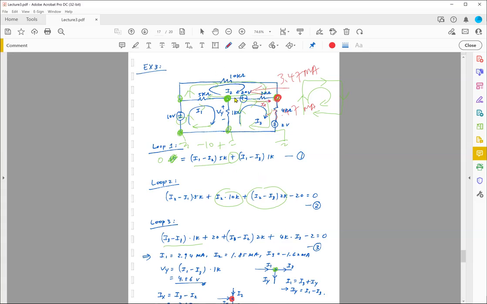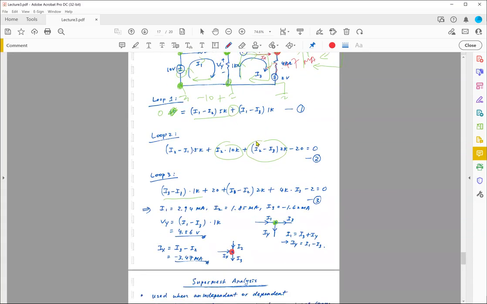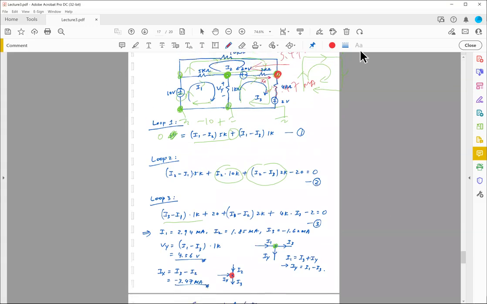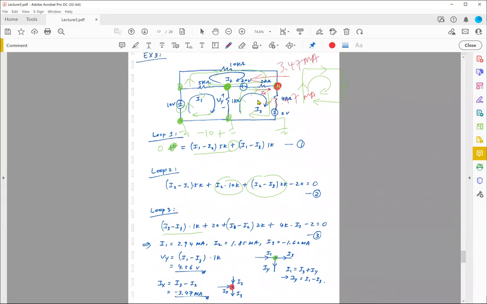So I have a negative of what this Ix is flowing. So it turns out to be minus 3.47 for Ix, and which is fine. This just means I'm off by a negative sign. I assumed the direction is flowing in the opposite direction as my positive current in the first place.